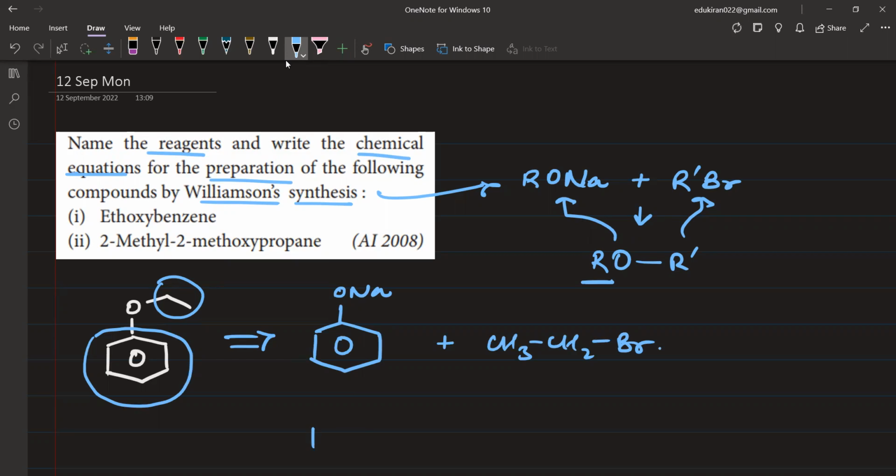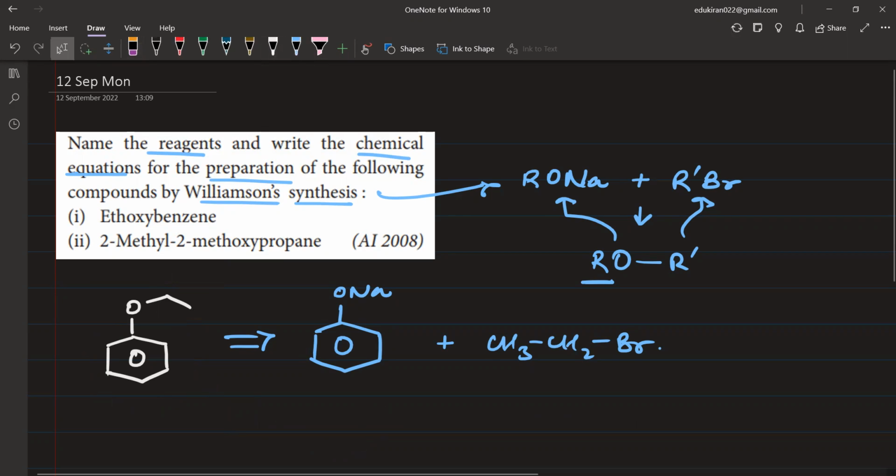Because if we take the other way around, if I take a haloarene, then this reaction cannot break this particular bond. So this bond cannot be broken, and that is why it cannot convert itself into ether. So this cannot happen. That is why the only chance we have is with phenoxide ion and haloalkane.